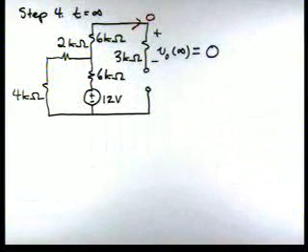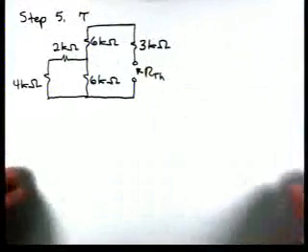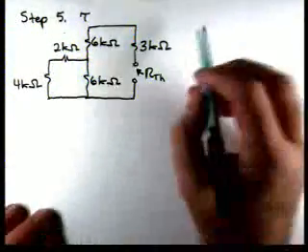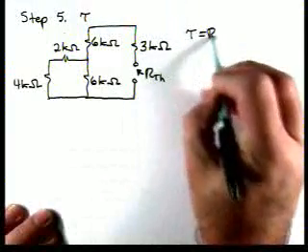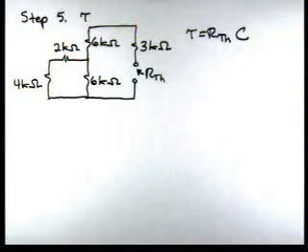And that's all the analysis we're required to do. Now we can move to step 5, which says find the time constant, and we're going to find the Thevenin resistance as seen by the capacitor, because remember the time constant here is R Thevenin C. So now we need to find that Thevenin resistance.